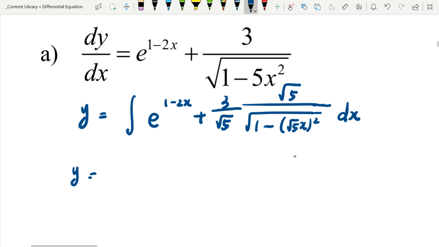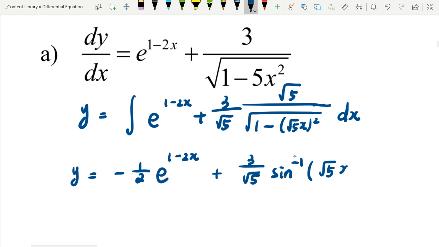Then we have y equals negative a half e to the power of 1 minus 2x plus 3 on root 5 sine inverse of root 5x. And don't forget to plus c at the back because your actual solution can be anything with any constant.